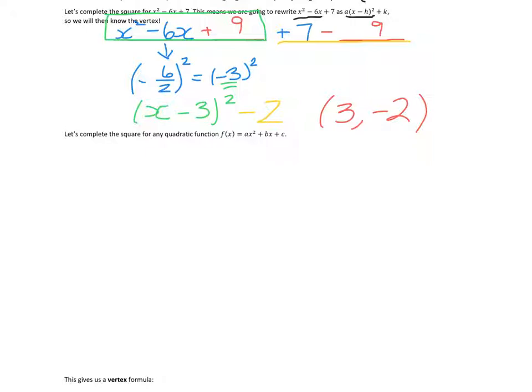Okay, so when we complete the square, we are going to have to make the coefficient on our x squared 1. So ax squared plus bx plus c. So remember, we're going to complete the square on the x terms. Before we do that, though, we want our coefficient on x squared to be 1. So we're going to factor out an a.